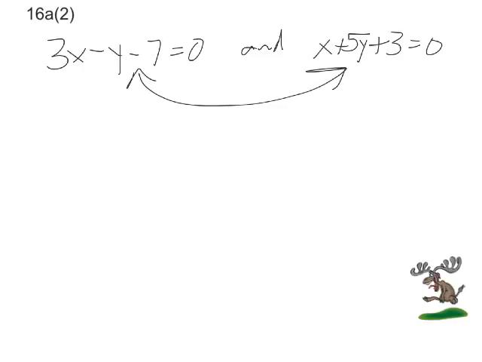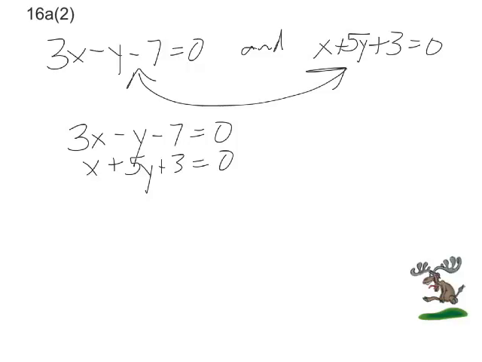And I'm a big fan of using elimination. So I'm going to go ahead and write both of these equations on top of one another and use elimination. So first off, my bottom equation needs to have the same variable coefficient.